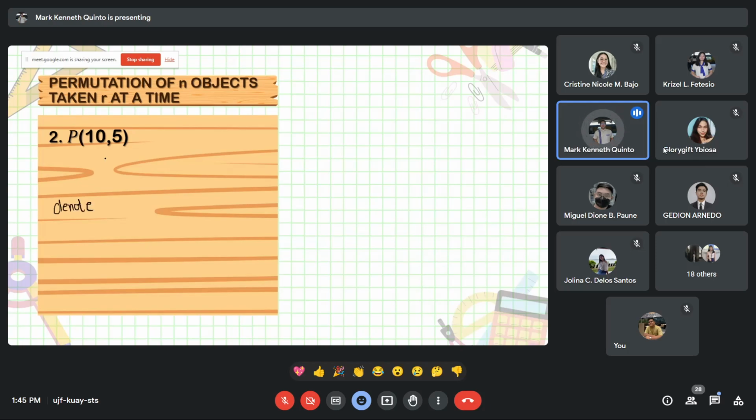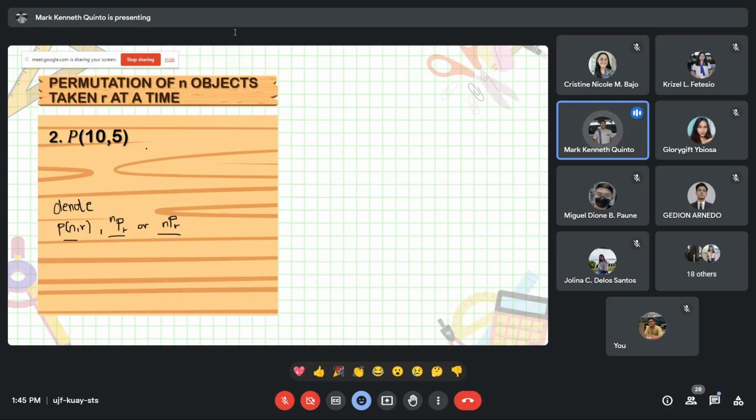The first one to denote permutation of n objects taken r at a time is P, or permutation of n objects taken r at a time, something like that. Or we can denote it also with the n at the top and the r at the bottom. Or yung ginagamit ngayon in high school. So meron tayong three ways to denote permutation of n objects taken r at a time.